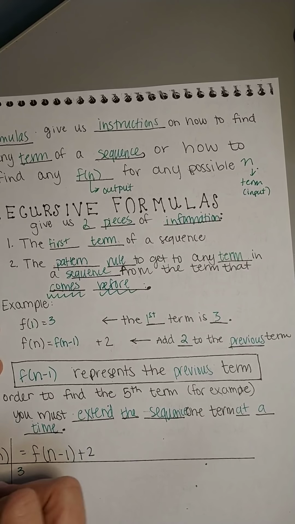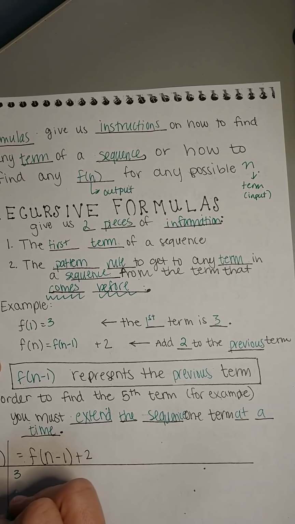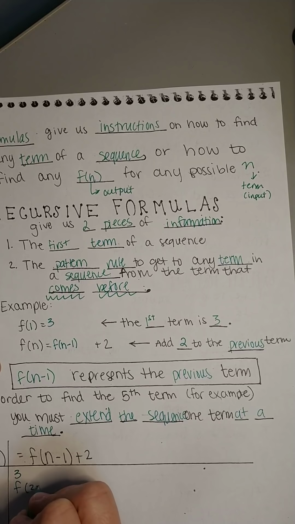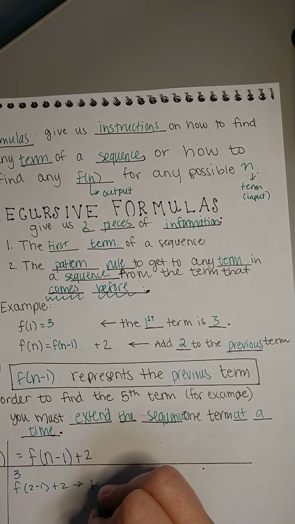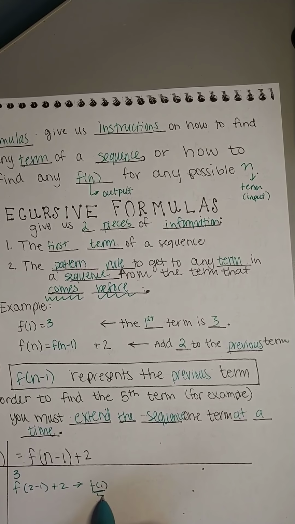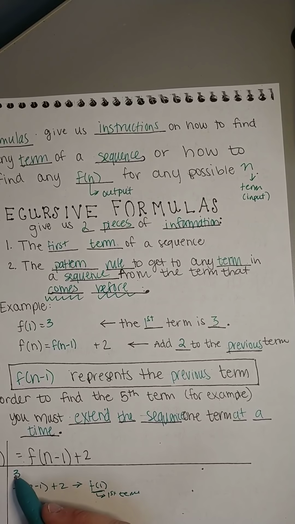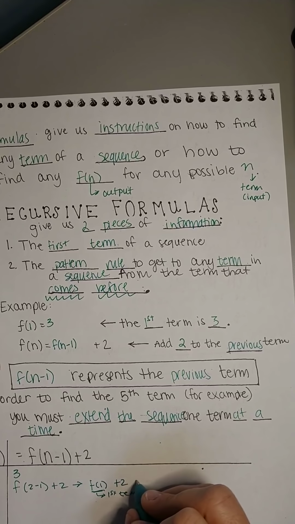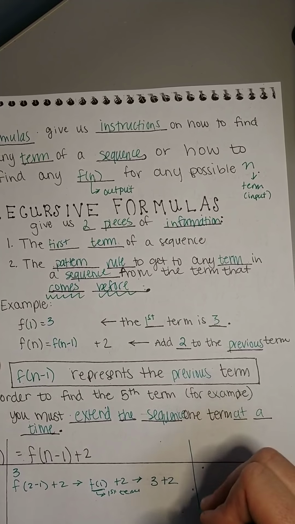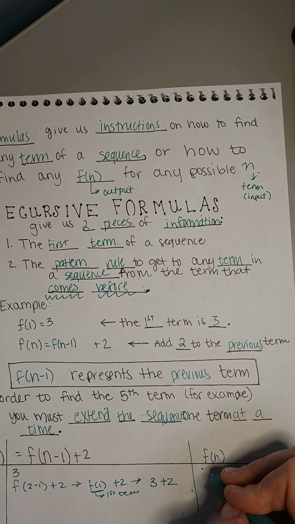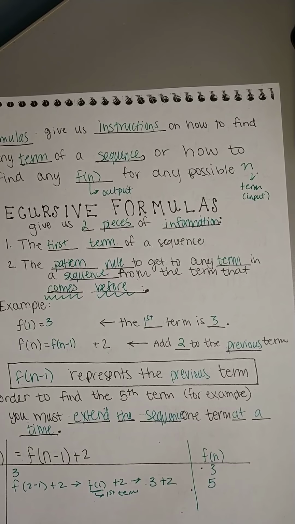So to go from term 1 to term 2, f of n minus 1, if we're going to term 2, is going to be f of 2 minus 1 plus 2. So f of 2 minus 1, that's my first term. And isn't that my previous term? Well, if I'm looking for term 2, my previous term is 3. So I take my previous term, 3, add 2 to it, and let's put a third column here, f of n. So 3 plus 2, my next term, my second term, would be 5.